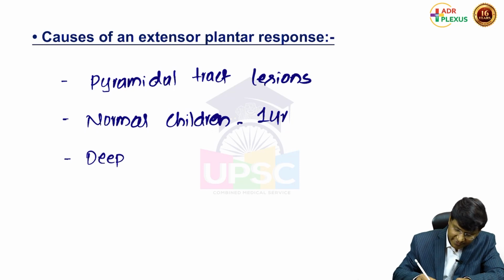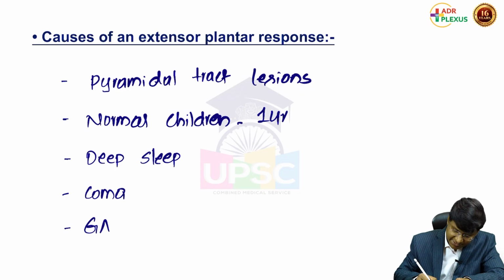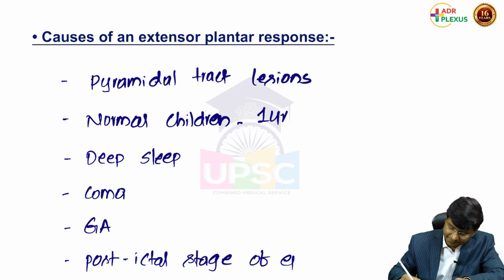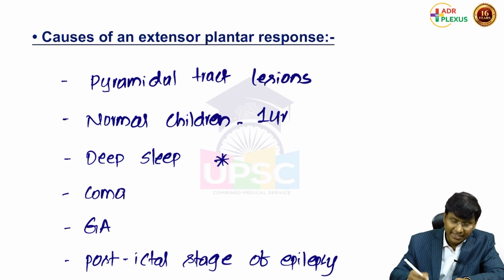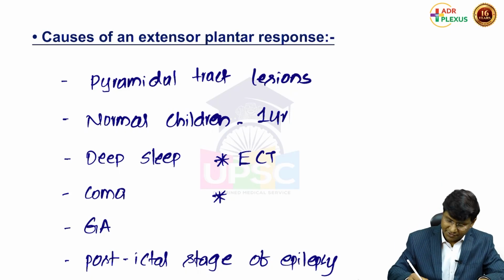Next, in cases of deep sleep, then in patients with coma, patients under the effect of general anesthesia, next the postictal stage of epilepsy, then in conditions like electroconvulsive therapy, ECT. ECT stands for electroconvulsive therapy, which is given for psychiatric patients.